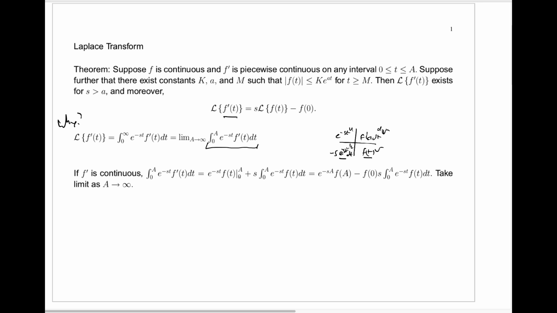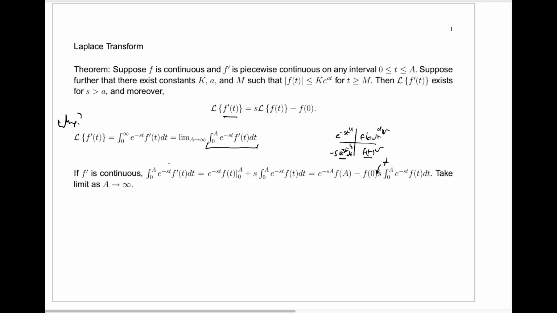When we put in this evaluation, we get e to the minus sa times f of a, minus e to the 0, which is 1, times f of 0, plus s times this integral from 0 to a of e to the minus st f of t dt.